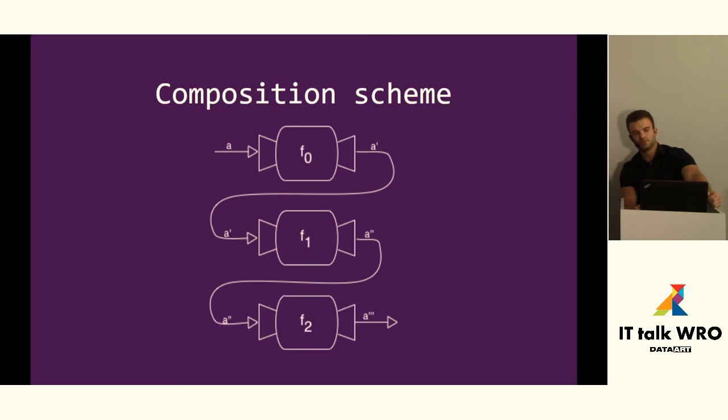And function 0 does some operations with that value and returns some result. And that result will go to the next function in the sequence, function 1. Function 1 does some operation and returns a result to the next function, and so on and so on. And finally, you will get a final result here.